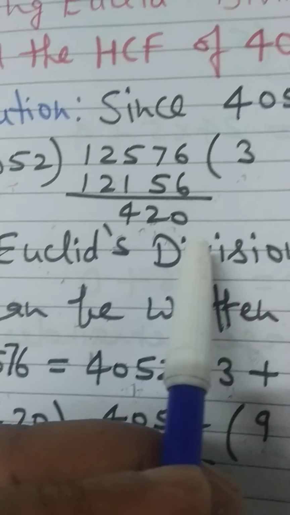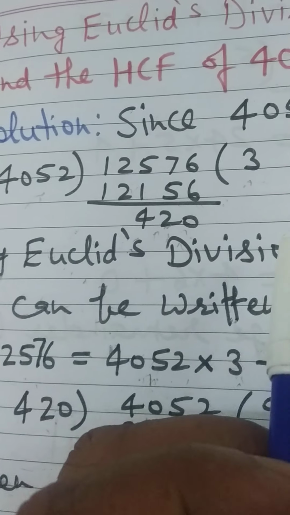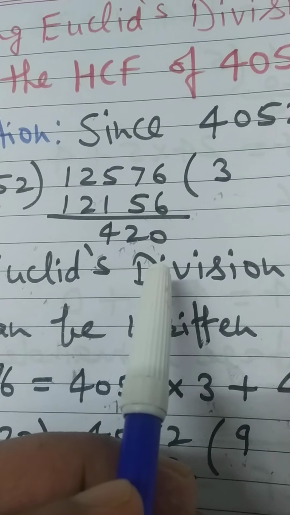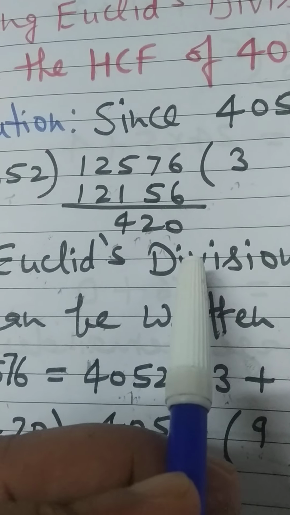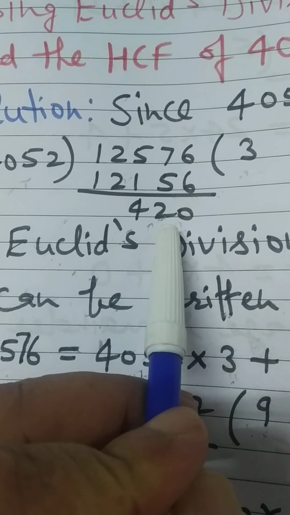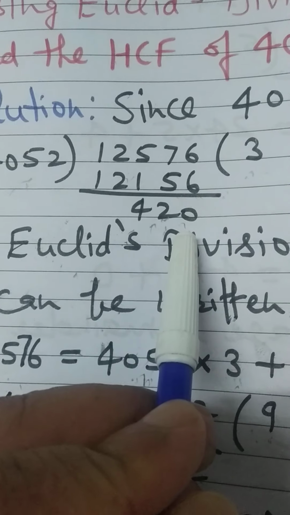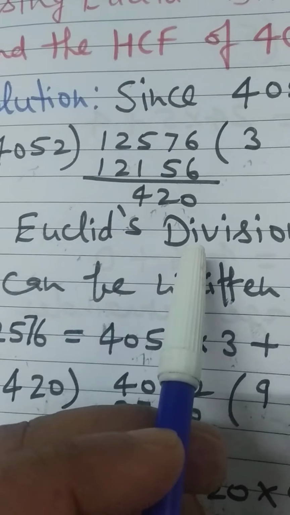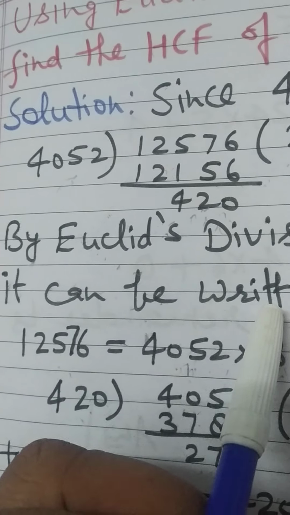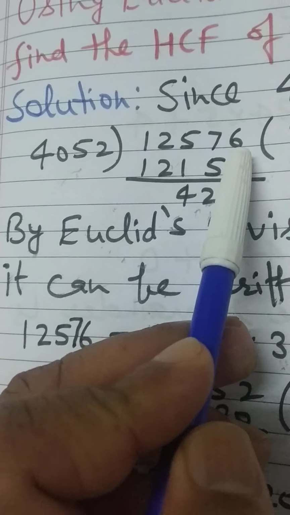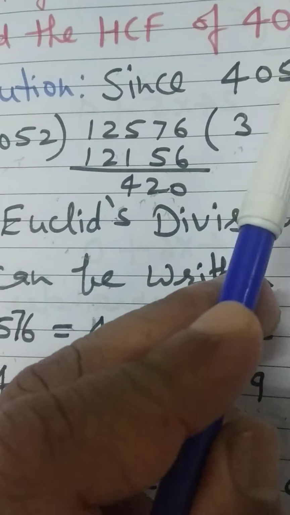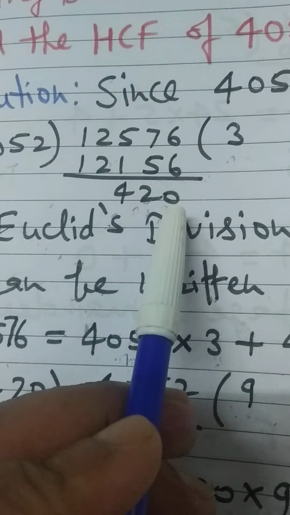We get the value of quotient and remainder. Value of quotient is 3 and value of remainder is 420. By Euclid's division algorithm, it can be written as 12576 is equal to 4052 into 3 plus 420.